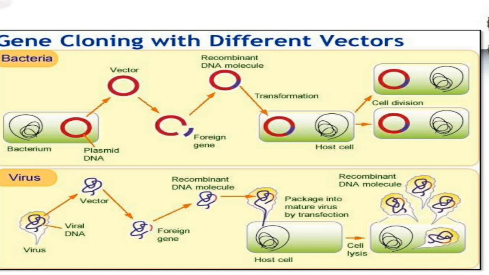In the case of bacteriophage, the virus is also used as a cloning vector. Viral DNA is used as a vector. Foreign DNA is inserted and a recombinant DNA molecule is formed, which is then transferred into the host cell. In the host cell it forms a number of copies of the recombinant DNA molecules, which come out after the lysis of the cell.